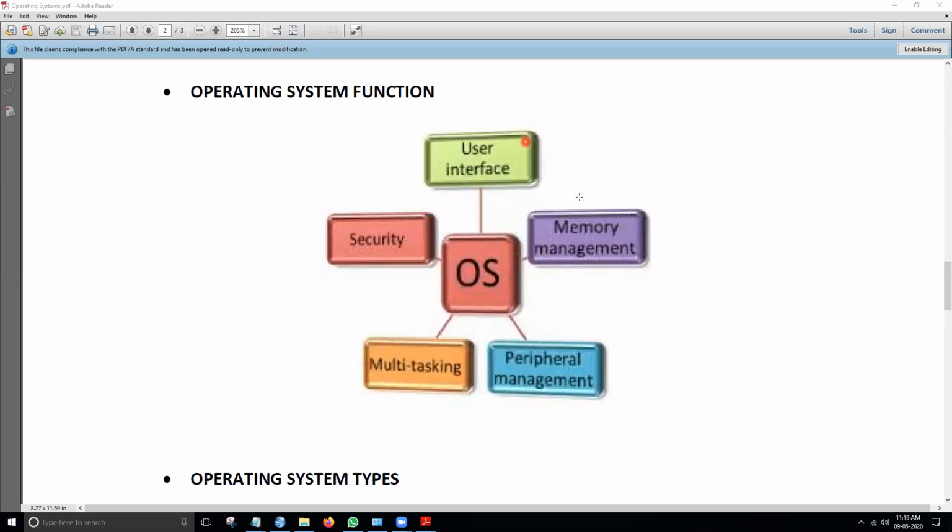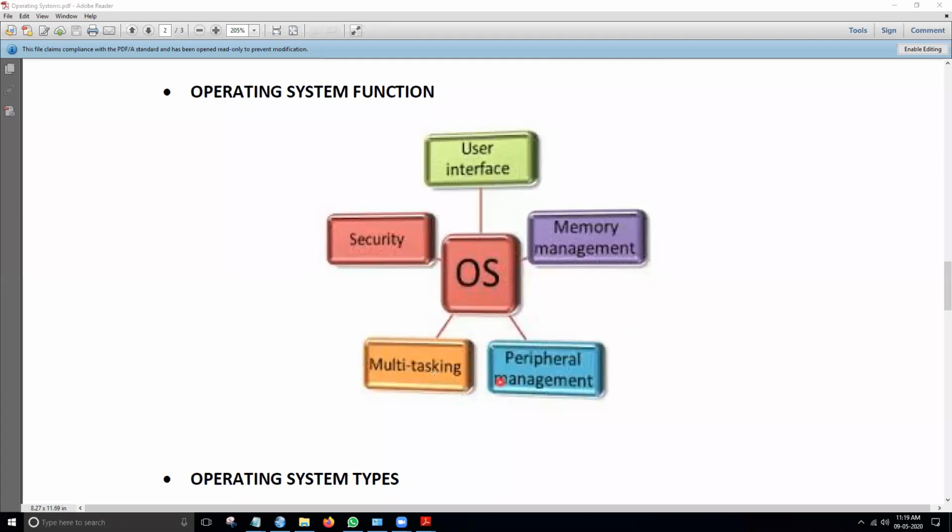When you look across these operating system functions, I have put user interface, memory management, peripheral management, multitasking, security, and many other things. You should remember these things, because this is very important. What are the operating system functions? Like what I have written. And once this slide is finished, I will go straight to my notebook and show it as well.